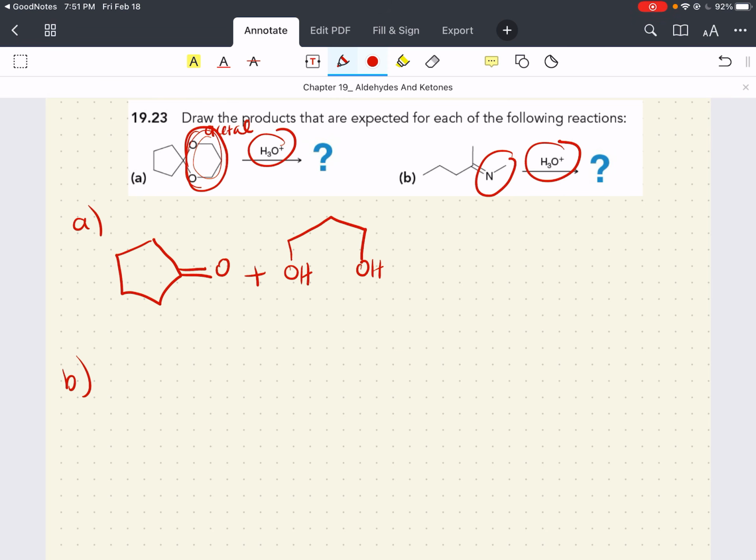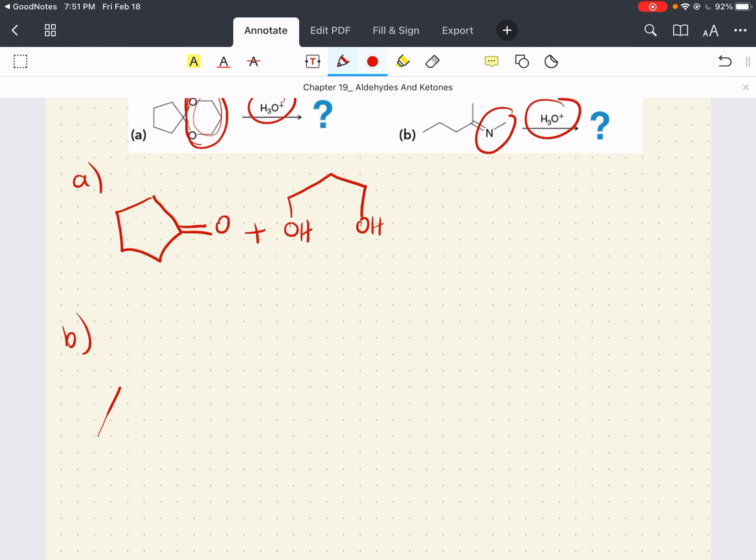What happens in this case is this is actually an oxygen, and your byproduct is this nitrogen with a methyl group and 2 hydrogens. So it's a similar process, but instead, look, we changed the oxygen.